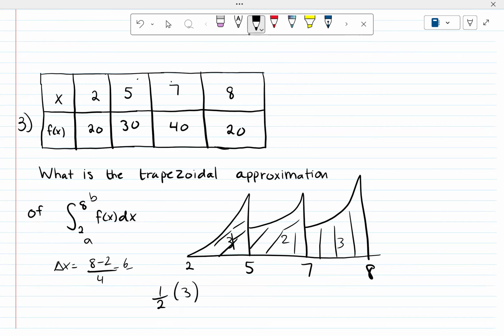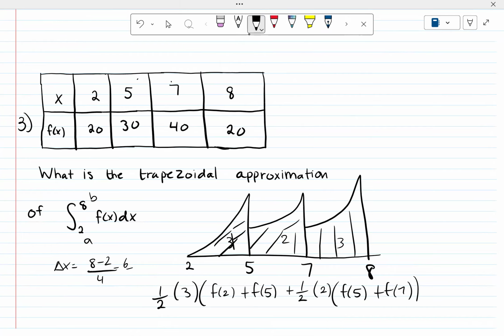And then it's going to be f of 2 plus 2 times f of 5 plus f of 7. Close the bracket.